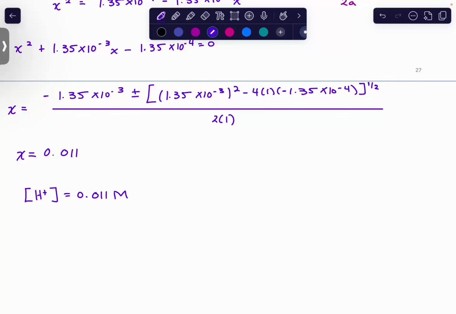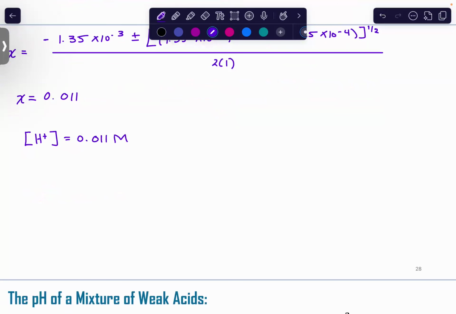Okay, and then from here, our pH. And that's going to be about 1.96.